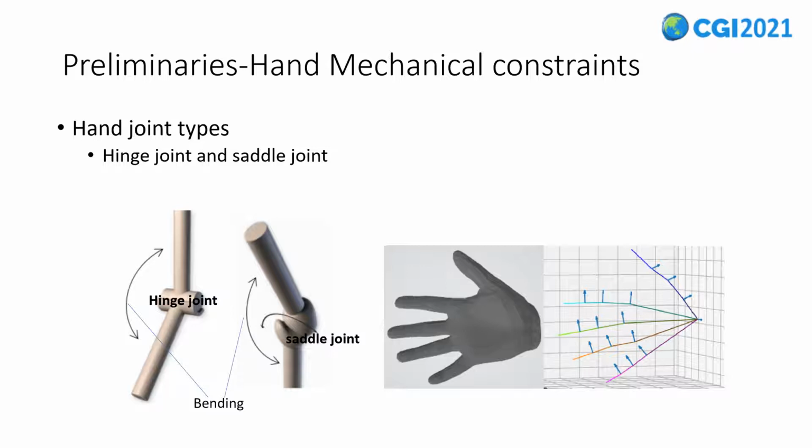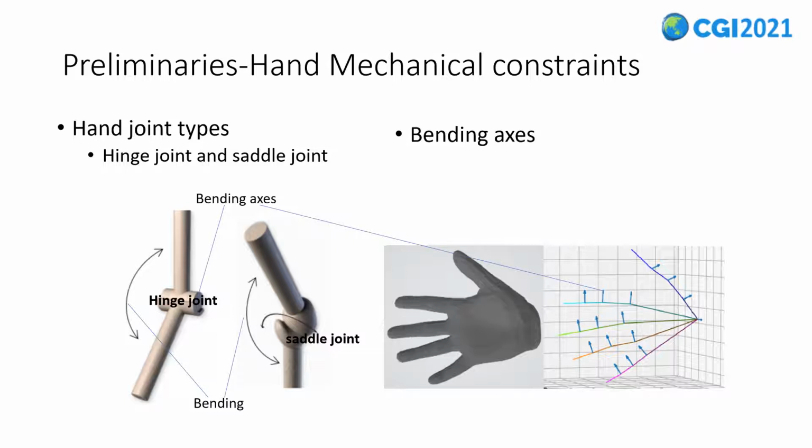Specifically, a hinge joint has one degree of freedom, namely, bones attached to this kind of joint can only conduct bending motion as shown in the left of the left figure. A saddle joint has 2 degrees of freedom, which are respectively described by two different rotational angles.